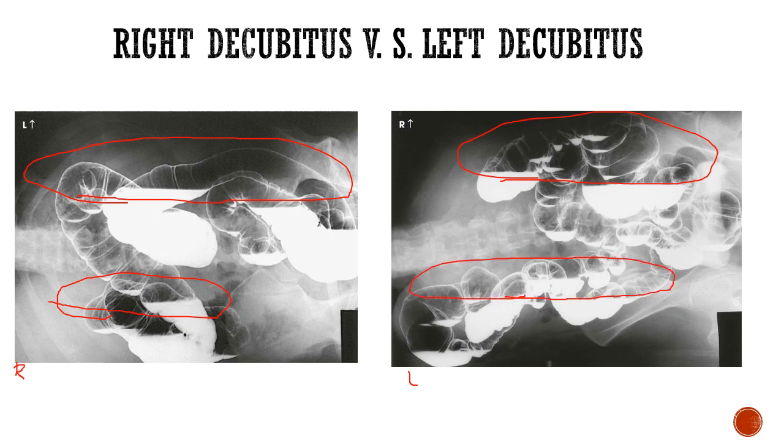So keeping in mind that this is the descending colon, the lateral side of the descending, the medial side of the ascending, and for the left lateral decube, we're looking at the lateral side of the ascending and the medial side of the descending.